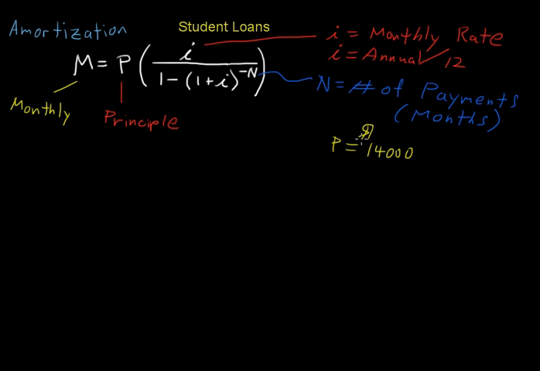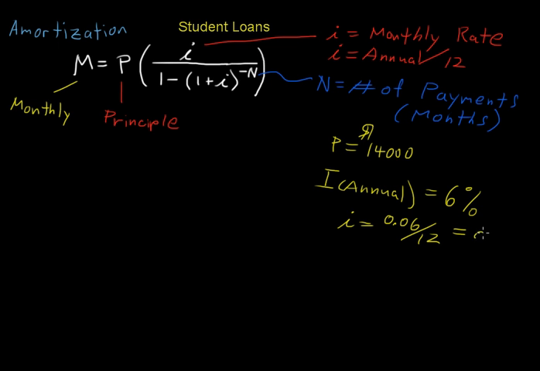And let's say your interest rate, let's make that capital I, that's annual. The annual interest rate is, let's say, 6%. Okay, at 6%, then the little i, that's your monthly rate, would be 0.06, as a decimal, divided by 12.